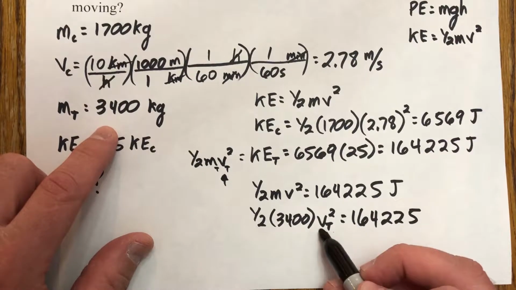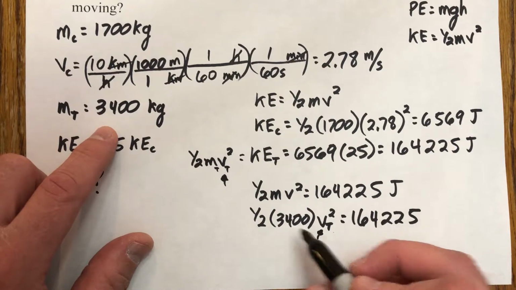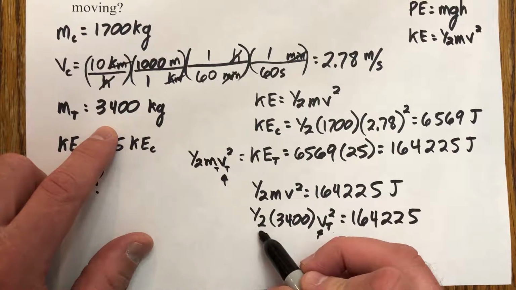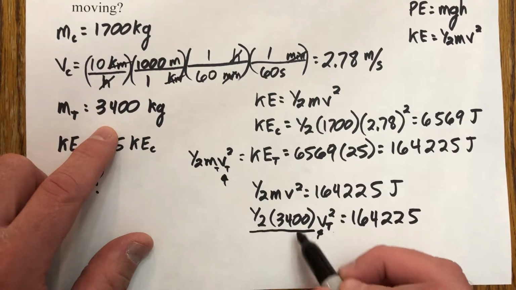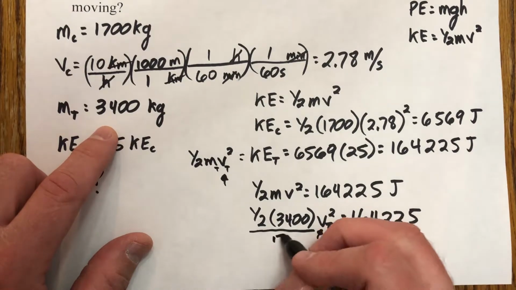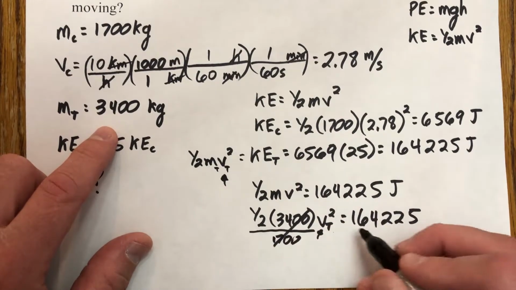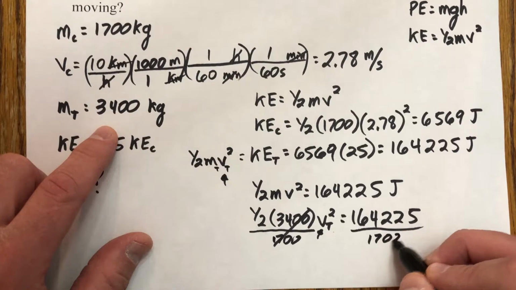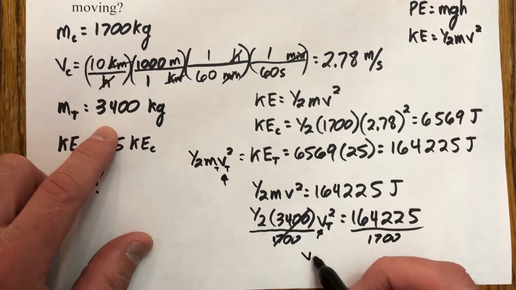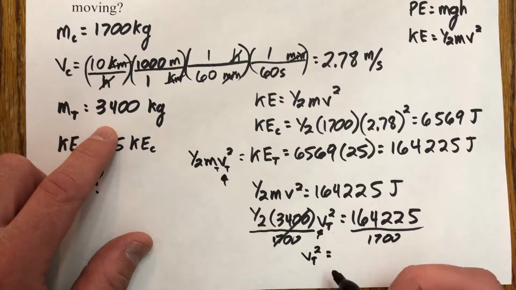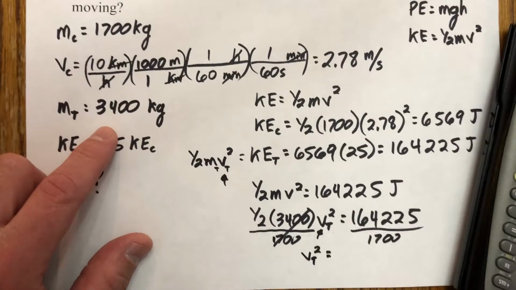So I'm going to solve for velocity of the truck, which means I'm going to divide by half of 3,400 is 1,700, all right? So I'm going to divide this by 1,700. So I get the velocity of the truck, and that's squared still, equals 164,225 divided by 1,700.